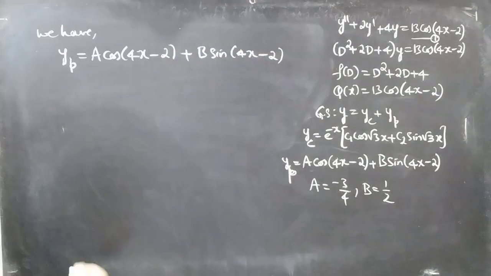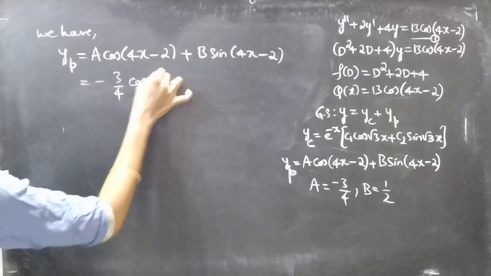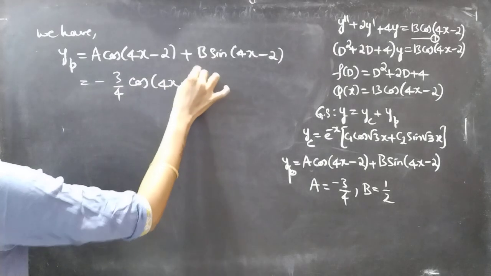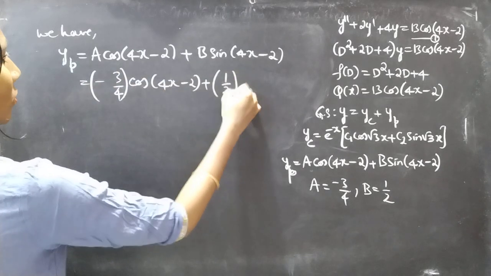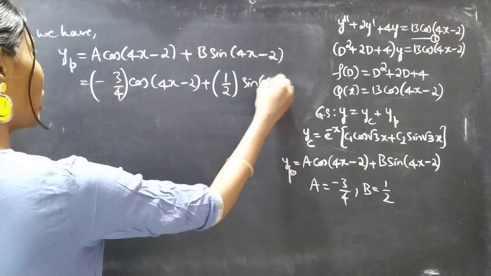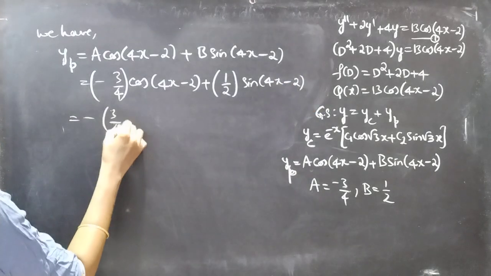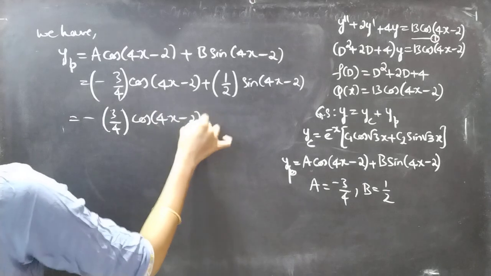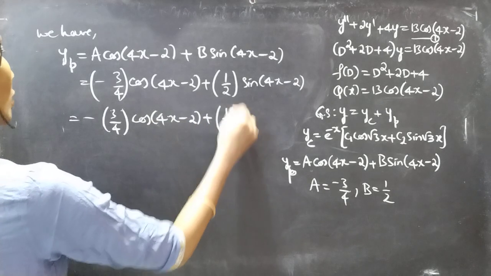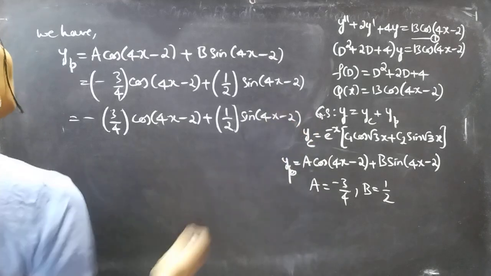Now substitute the values of a and b. We'll get minus 3 by 4 cos of 4x minus 2 plus 1 by 2 sine of 4x minus 2.